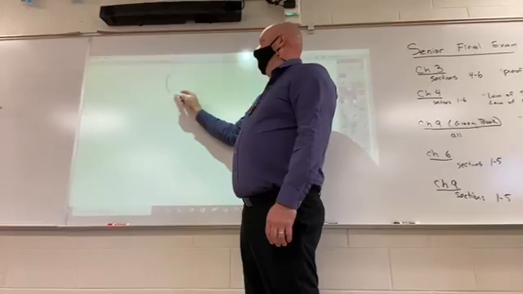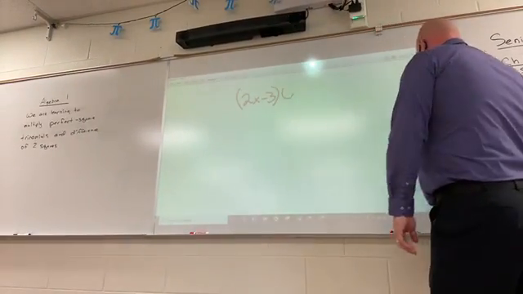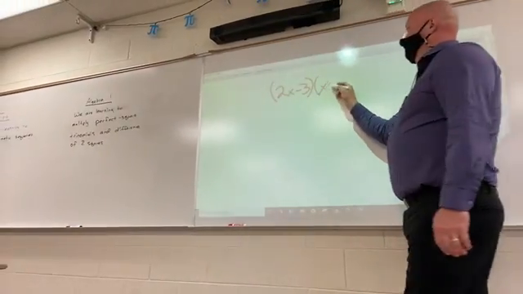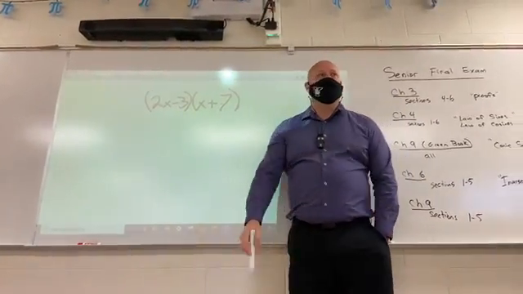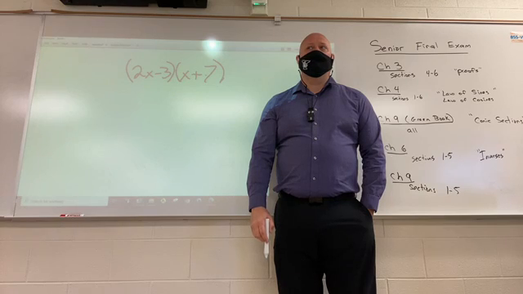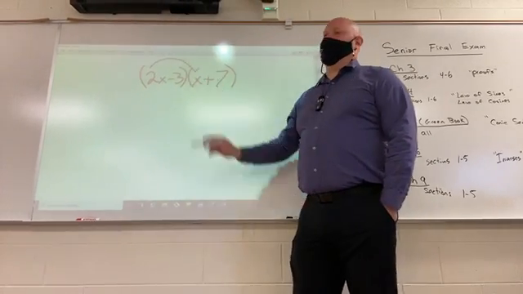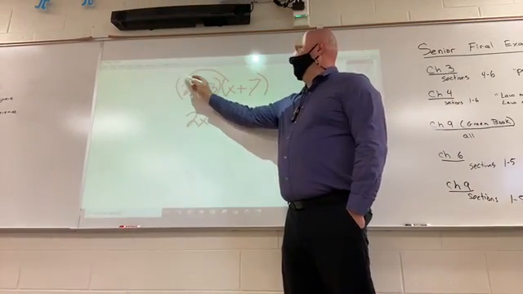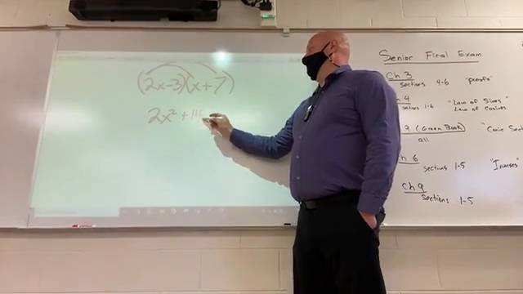What do we do if you have 2x minus 3 times, let's say, x plus 7? FOIL. So 2x times x, 2x squared. 2x times 7, 14x.